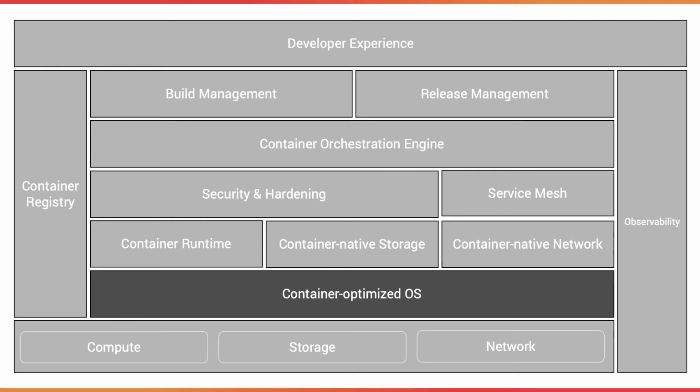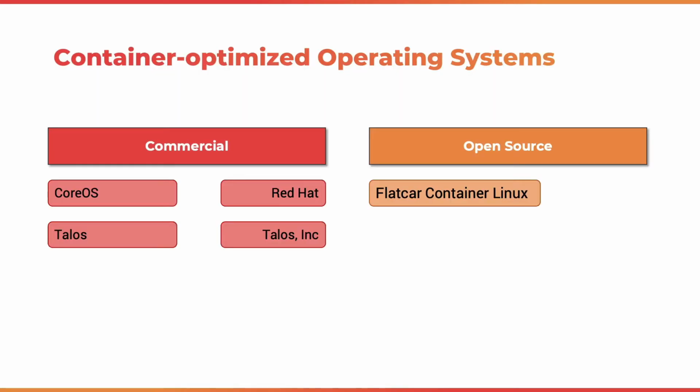So there is a new breed of container optimized operating systems that are designed to run containerized workloads and Kubernetes. Let's take a look at them. There is CoreOS, which is now acquired by Red Hat, and it is called Red Hat Enterprise Linux CoreOS or Fedora CoreOS. It's a commercial offering from Red Hat. And there is another company called Talos, which is building an OS for Kubernetes, also called Talos.